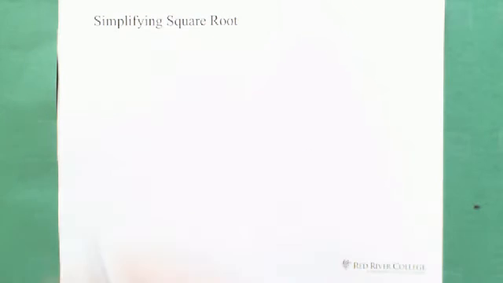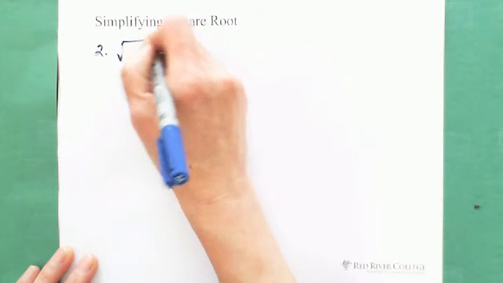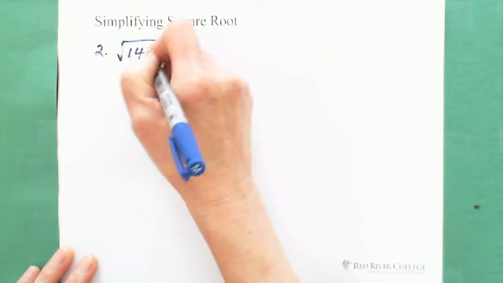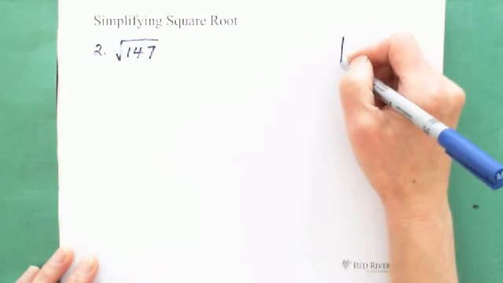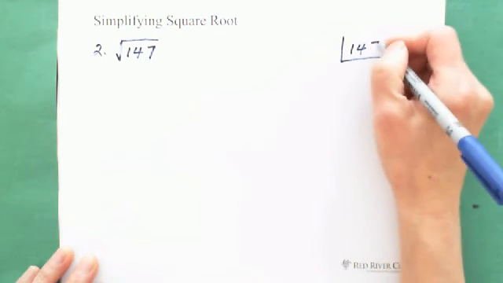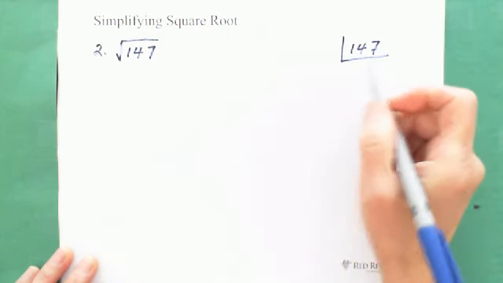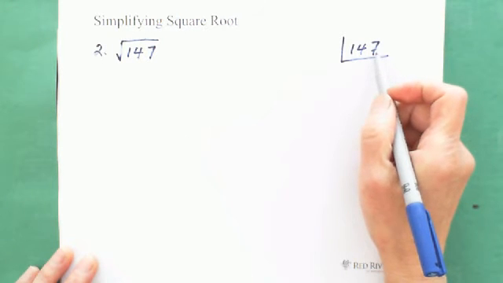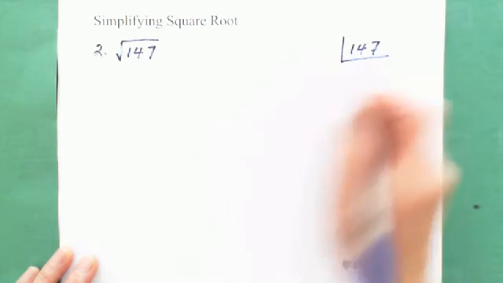The second question is the square root of 147. Same thing, we try to factor 147. The last digit is 7, an odd number, so it is not divisible by 2.